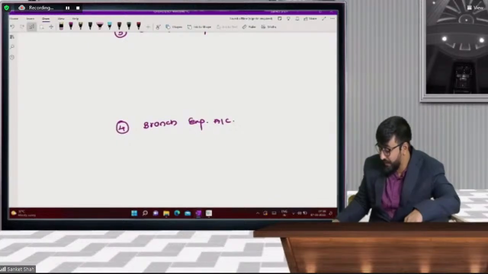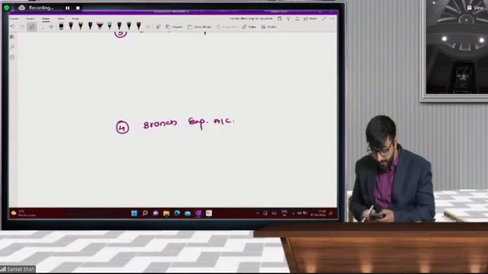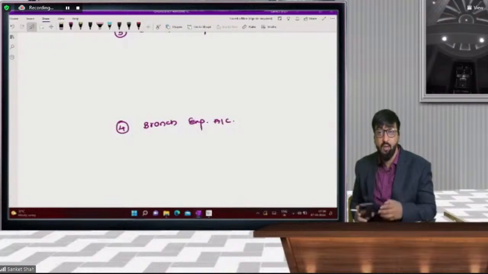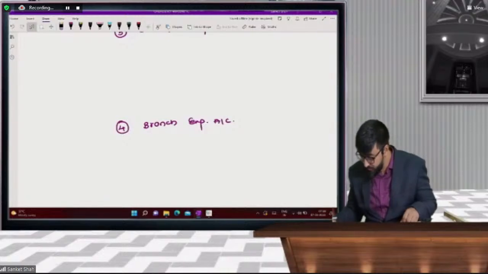Bad debts and discount you are going to write in P&L. What is the difference between expense and P&L? In expense, we write those expenses which are out of pocket, which you pay in cash, and losses are never paid in cash.